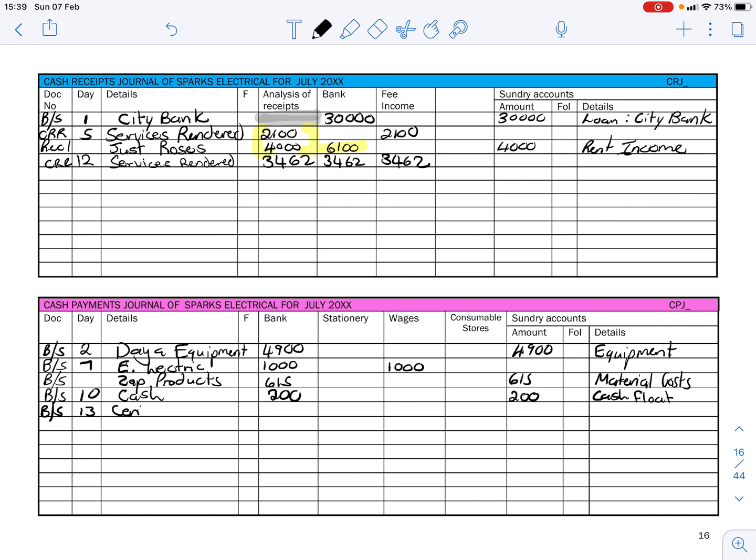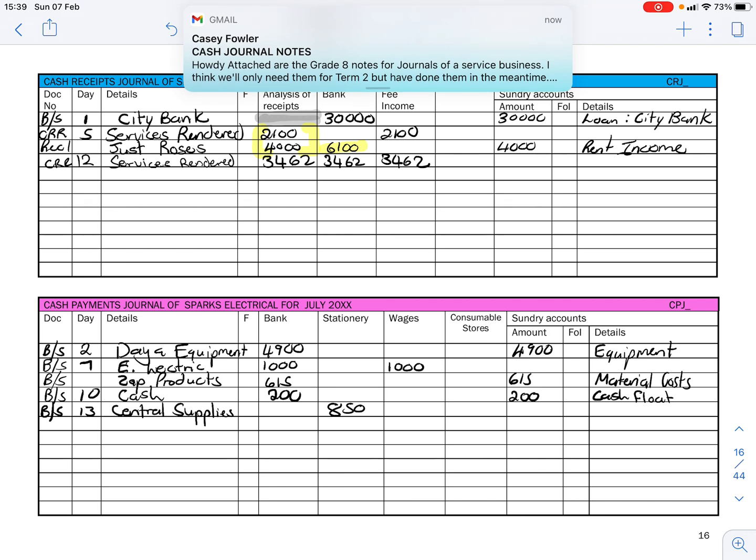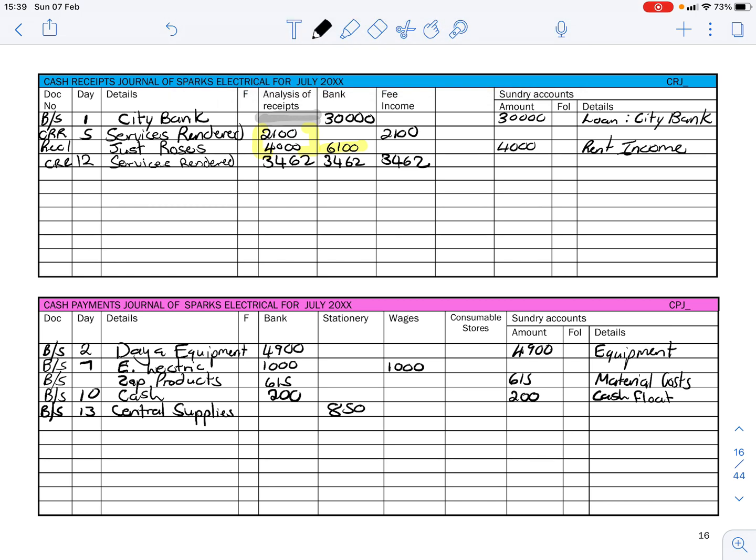We are buying goods from central suppliers. Okay, we have 850 Rand for stationery. We have 1,350 Rand for consumable stores. Now, we need to add these two up. We are paying central suppliers for two different things, and the payment that we make to them is 2,200 Rand.